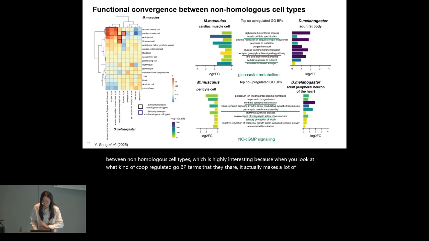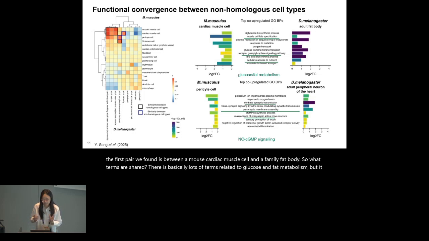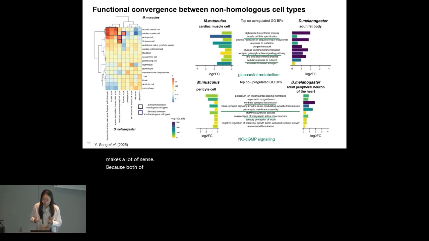So the first pair we found is between a mouse cardiac muscle cell and a fly fat body. What terms are shared there is basically lots of terms related to glucose and fat metabolism. But it makes a lot of sense because both of these tissues have an active role in energy and metabolism. Therefore, these processes are, of course, highly active in these cell types.